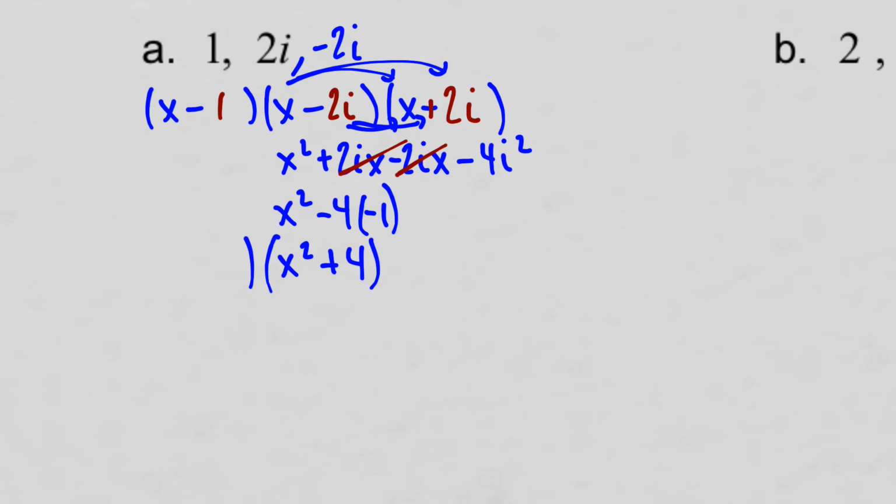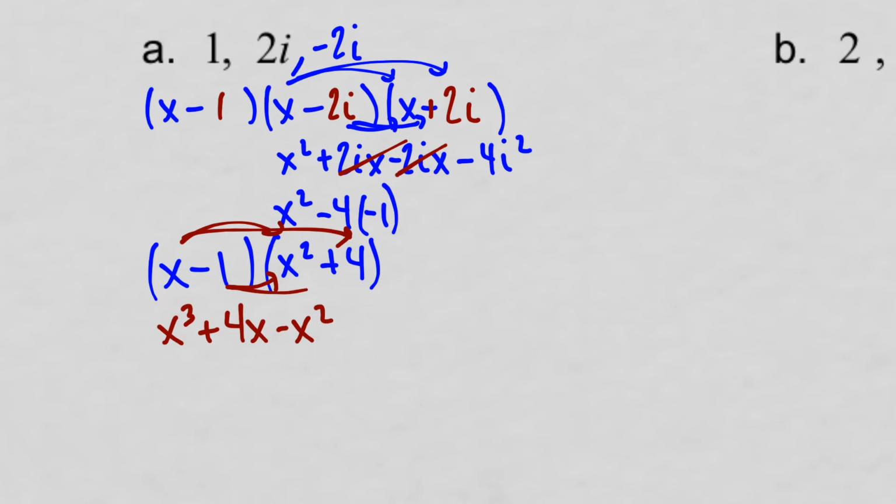We're going to multiply that times x minus 1, which is the one over here that we haven't touched. And that'll be our final multiplication here. x times x squared is x cubed. x times 4 is 4x. -1 times x squared is -x squared. And -1 times 4 is -4.